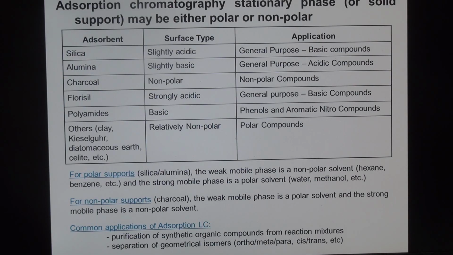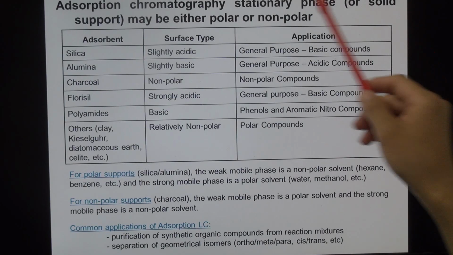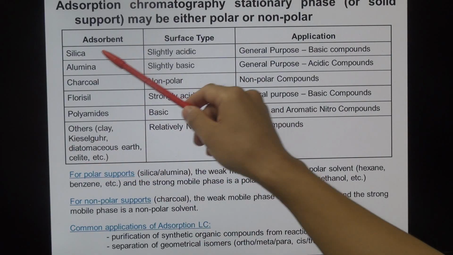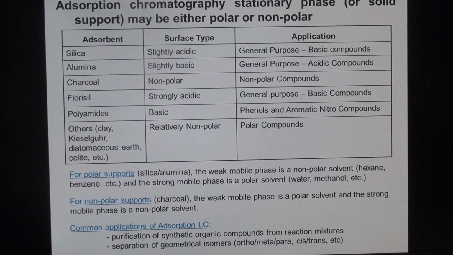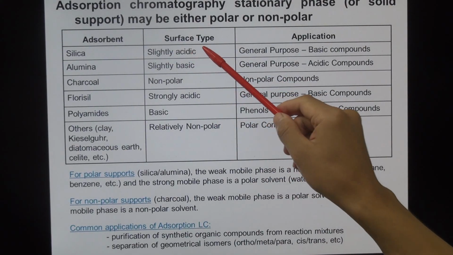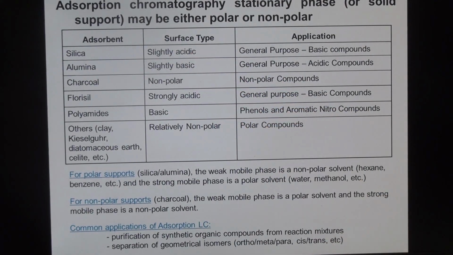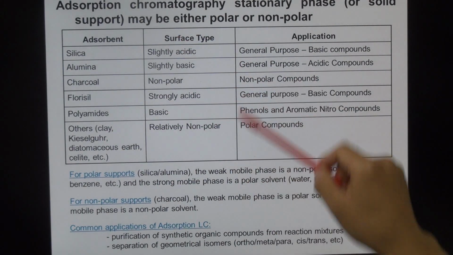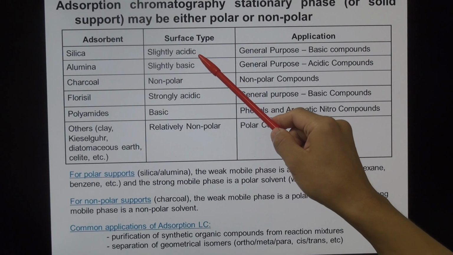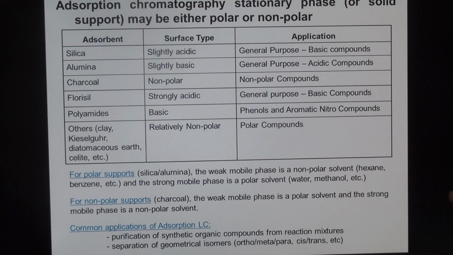Okay. So we use solid support, and different kinds of solid support have different properties. Some of them are acidic, some are basic, some are nonpolar. Depending on these kinds of properties, they can retain certain kinds of compounds, right? If they are acidic, they can more properly retain the basic compounds, right?